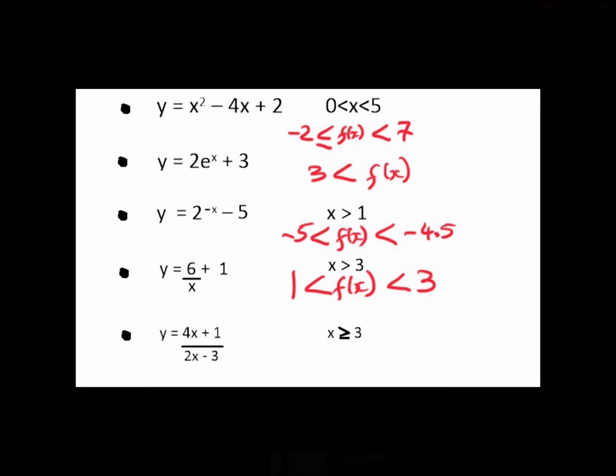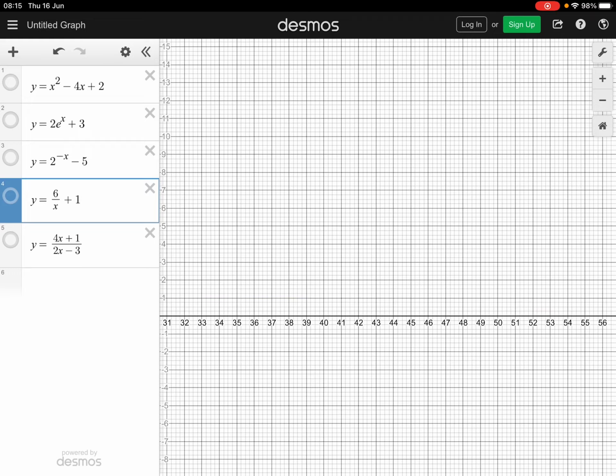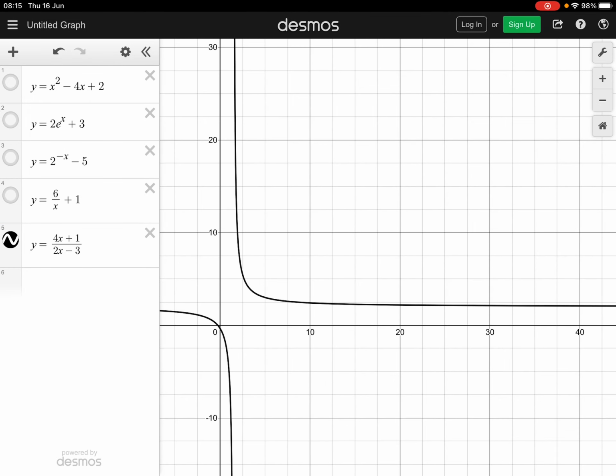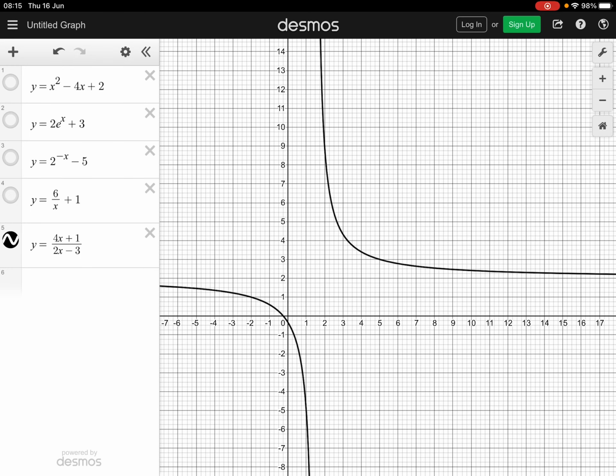Last example. Okay, so we've got the graph of 4x plus 1 over 2x minus 3, and we're looking at this in the domain of x being greater than or equal to 3.